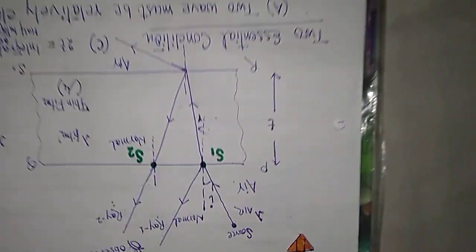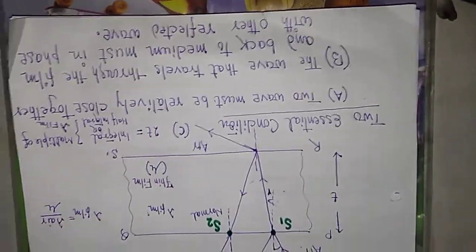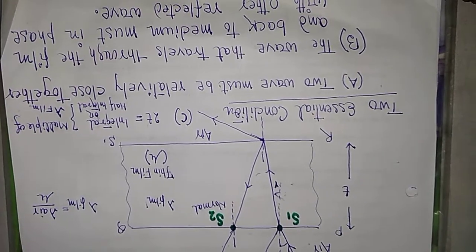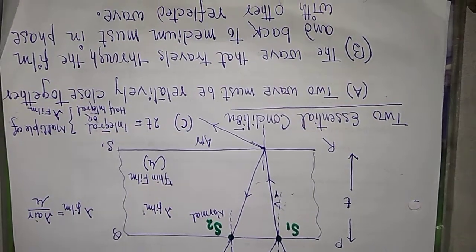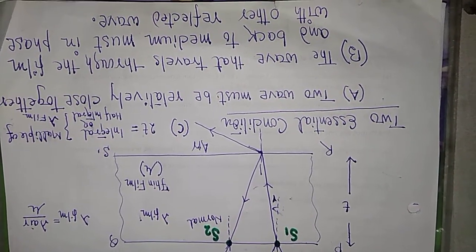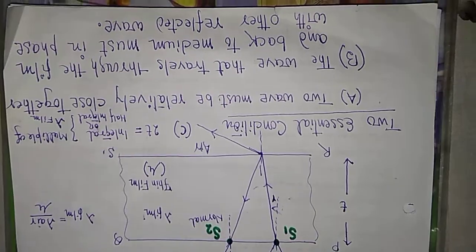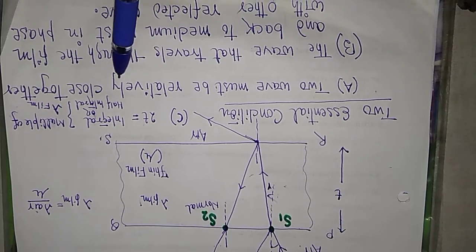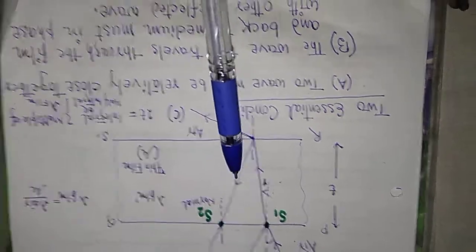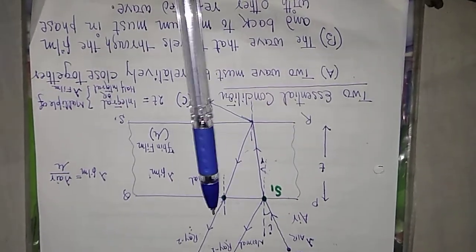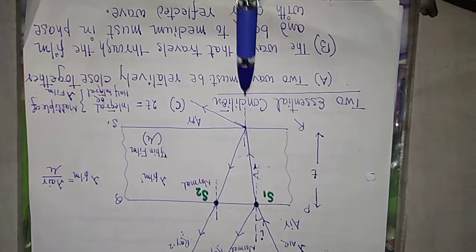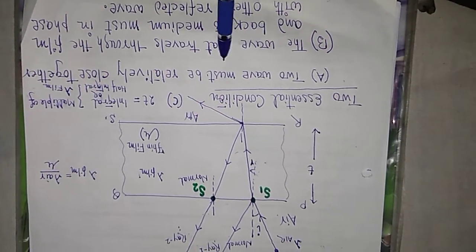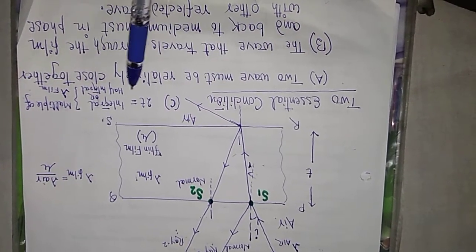There are some other essential conditions for the interference. The first condition: the two waves must be relatively close together.